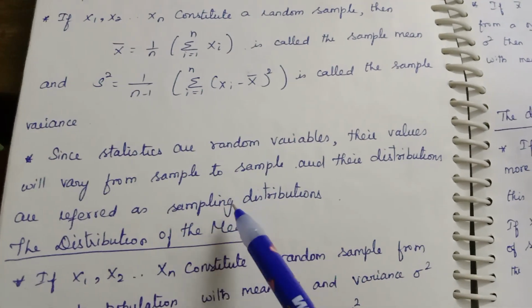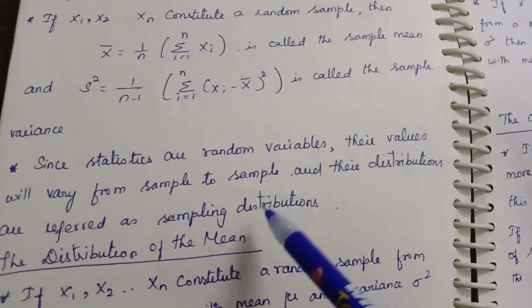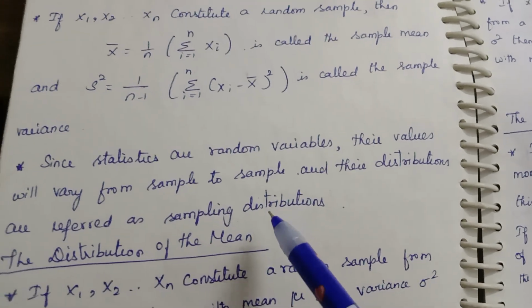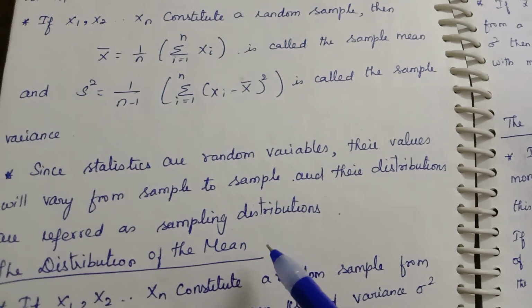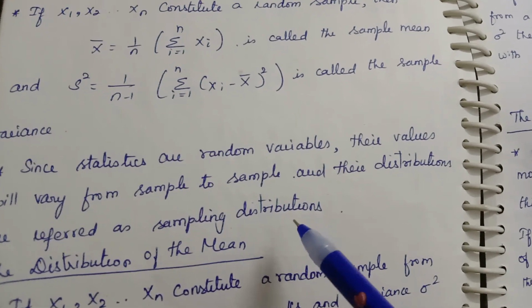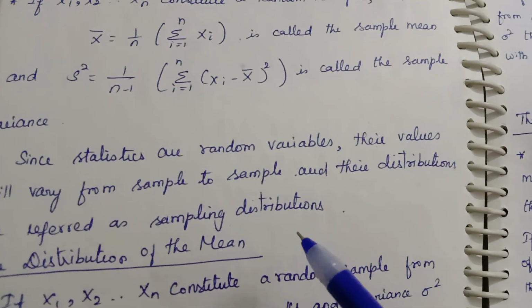Here comes the main point. We know what a population and a sample are. What do we mean by sampling distribution? From a given population, I can take one sample and you can draw a different sample, and in that way many samples can be drawn.